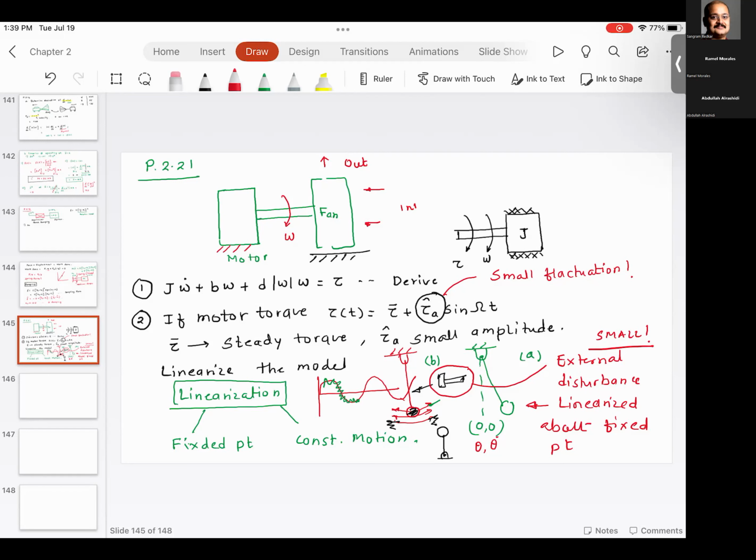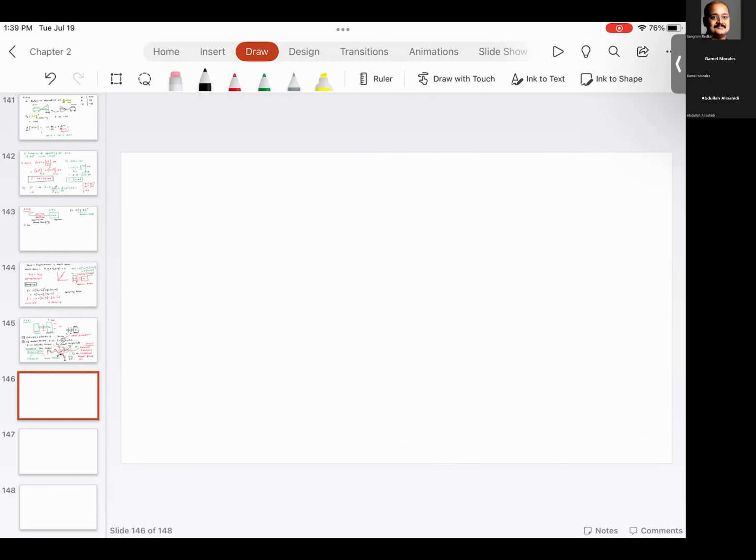So what that means is, even though the motion may be nonlinear, if you take this teeny tiny part, then the system can still be analyzed and solved as a linear control system. And that is the beauty of linearization.